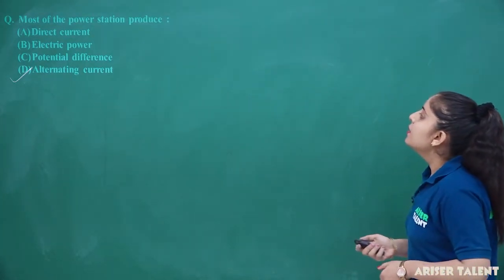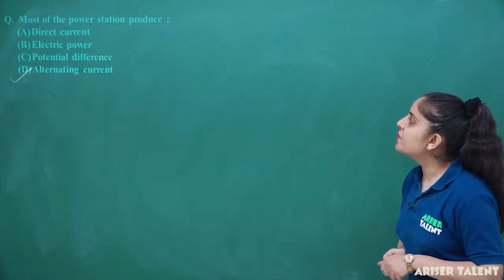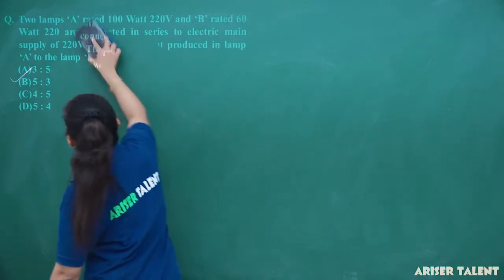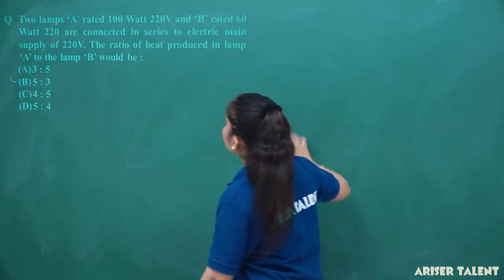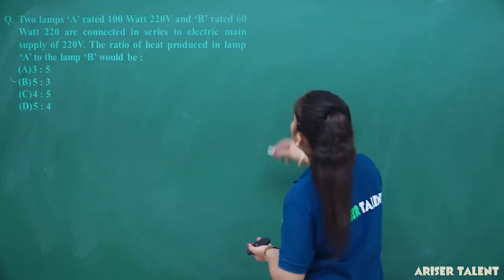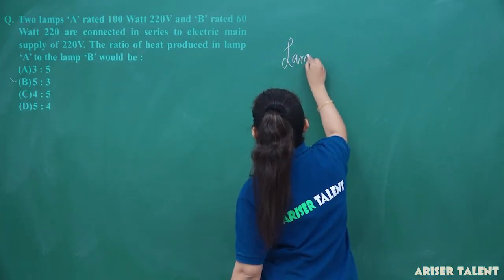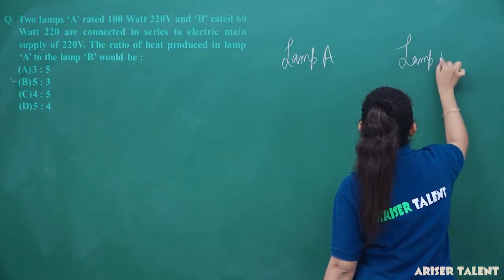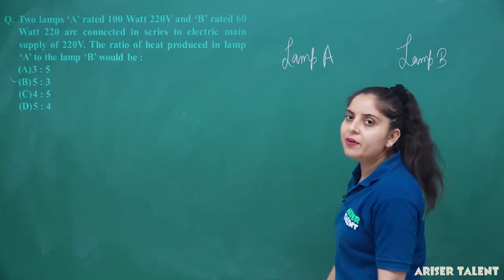Now, let's move to the next question in this sequence. Two lamps A and B are rated like this and you have to calculate the ratio of the heat produced. I am writing it as lamp number A and lamp number B. What you are provided with?